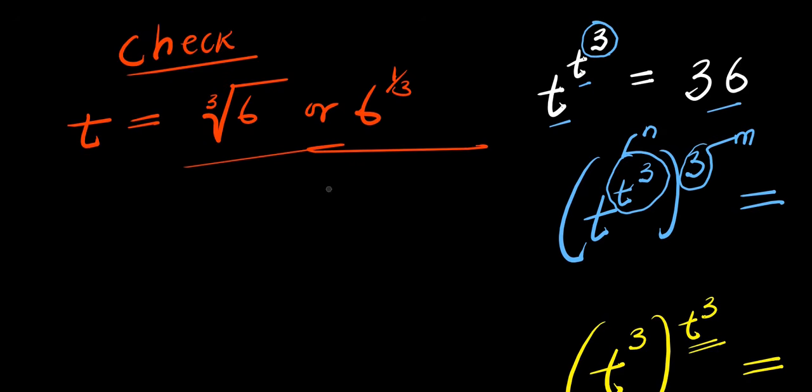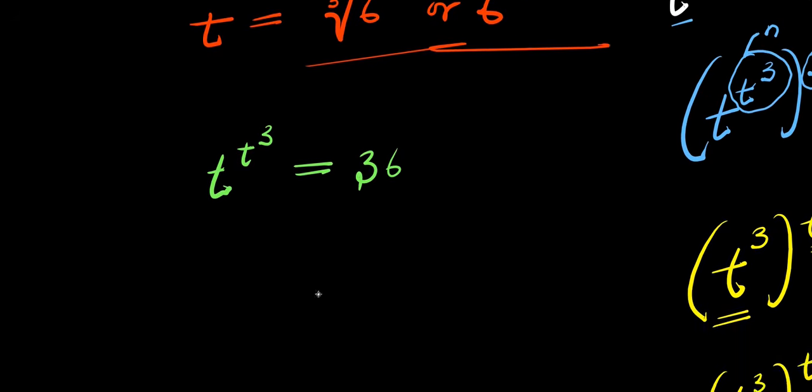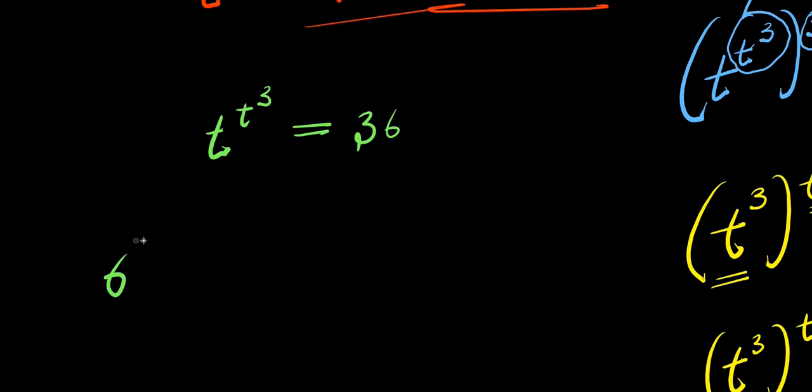Now, you have t power 3 equals 36, and t is 6 power 1 over 3. So we have 6 power 1 over 3, power 6 power 1 over 3, and this is raised to the power of 3. And this equals 36.